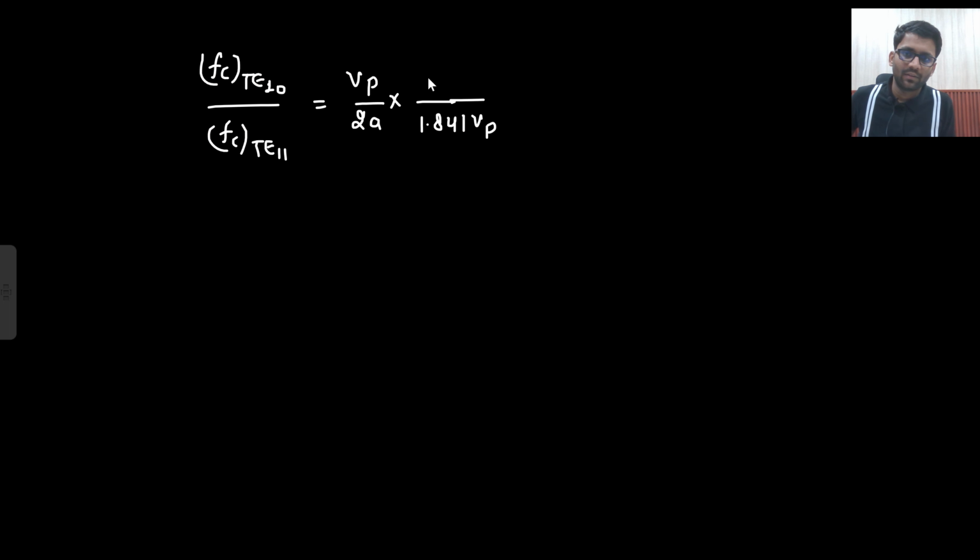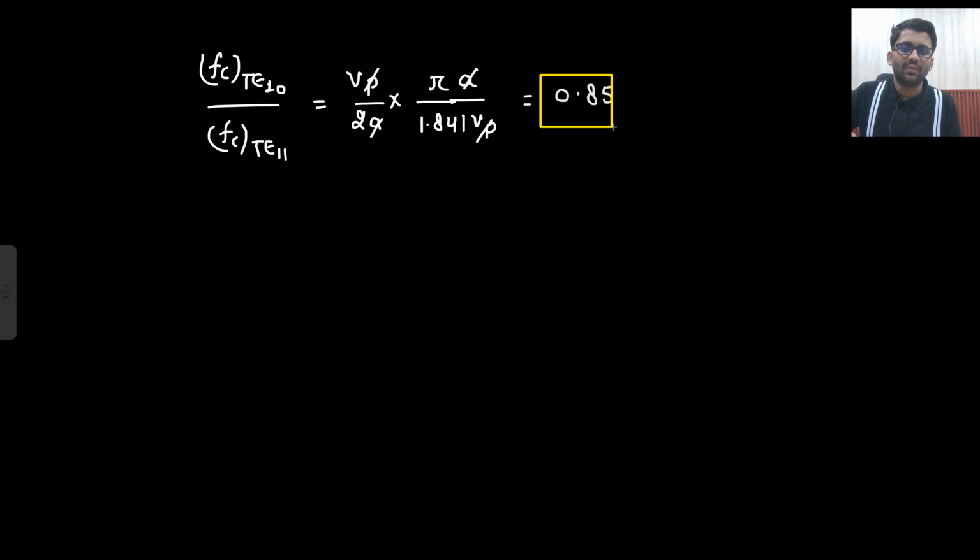So a and a get cancelled, Vp and Vp get cancelled. So what is the answer you are getting? Pi divided by 2 divided by 1.841, that is 0.85. This is your answer.